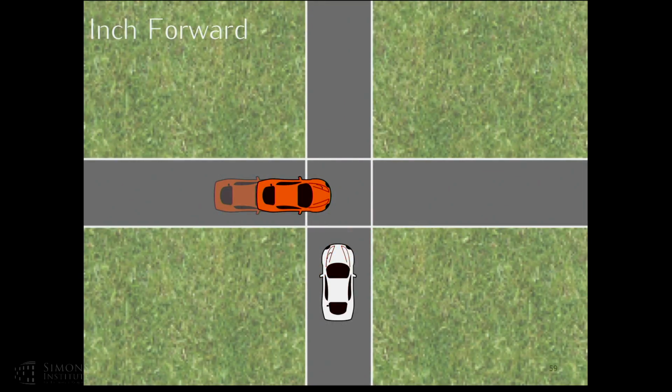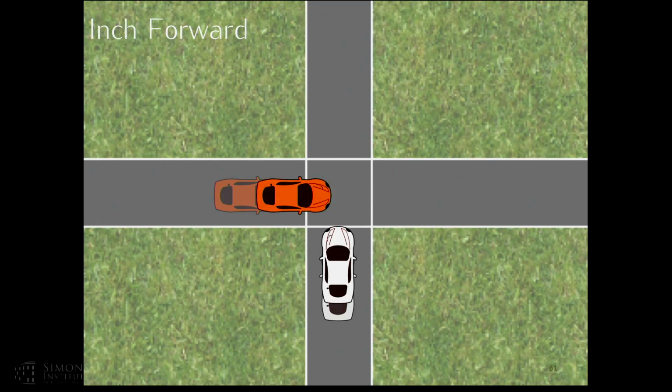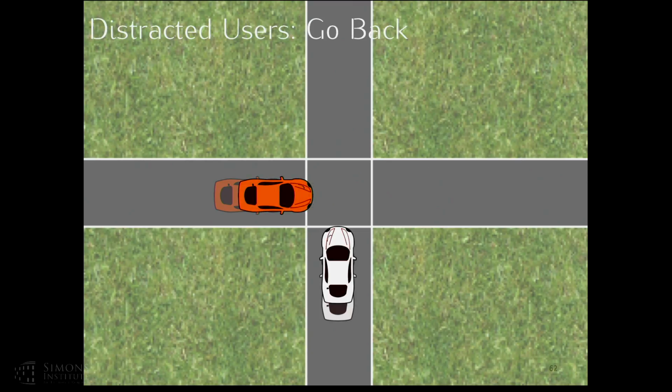The robot decides to inch forward, and if the person is actually paying attention, then the person behaves in one way, they stop, and then the robot just continues through the intersection. That's the upper part of the curve. The other part of the curve is if the person is distracted and they keep on going, not reacting to the robot inching forward, then the robot nicely backs up and lets them go through.